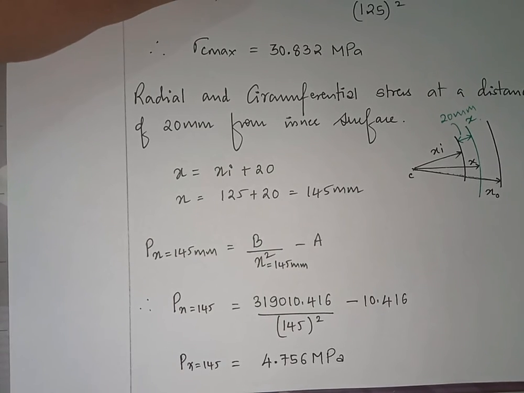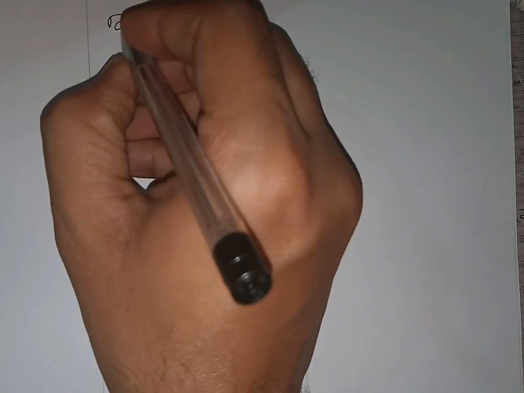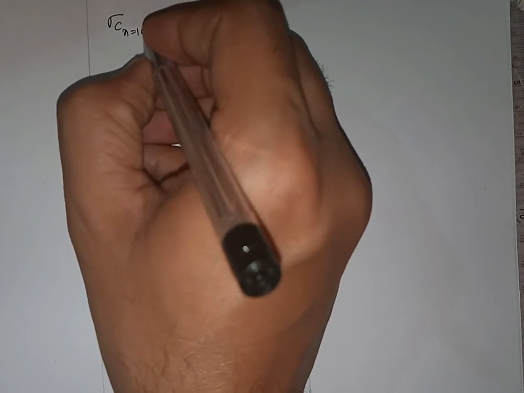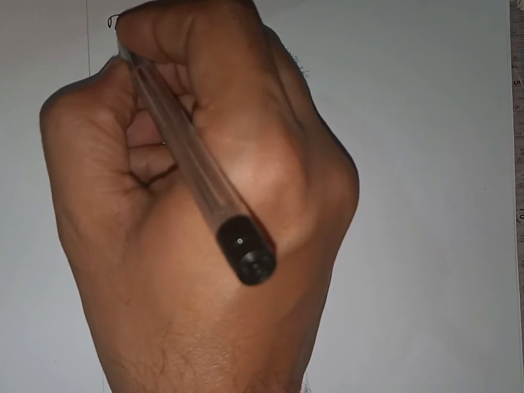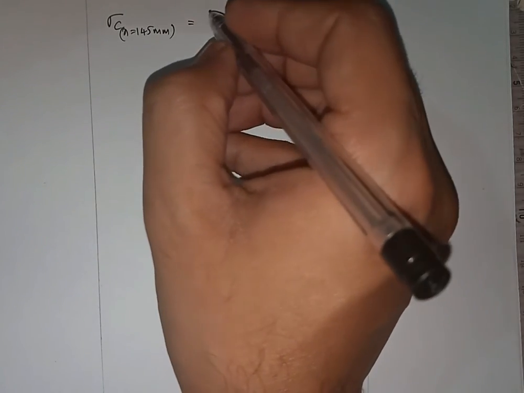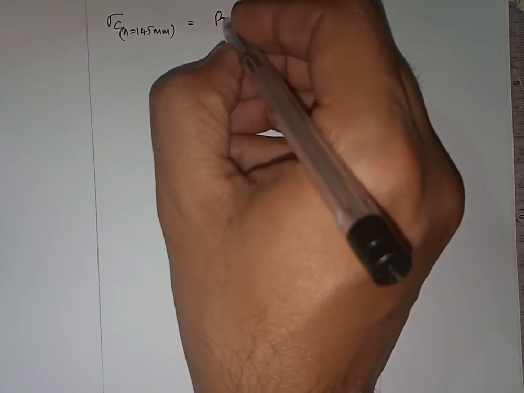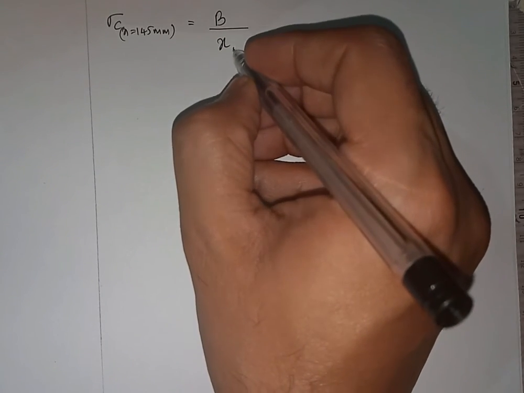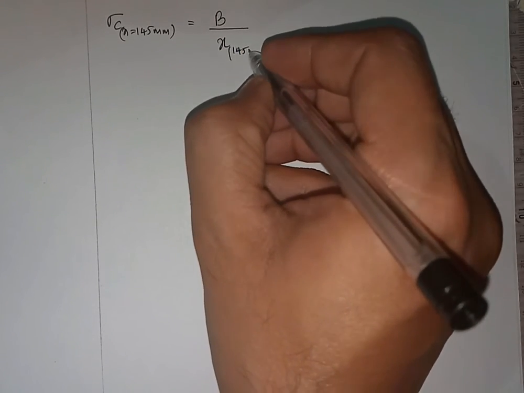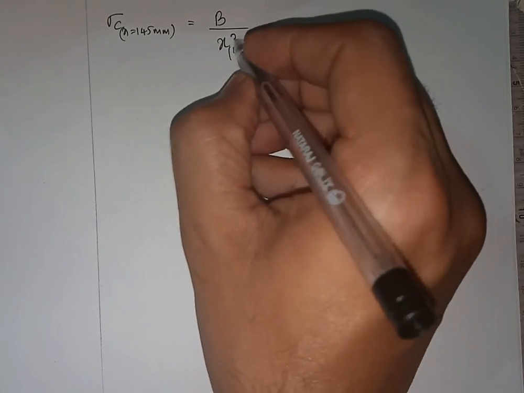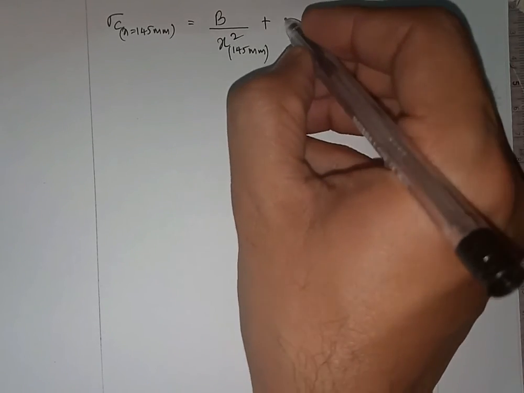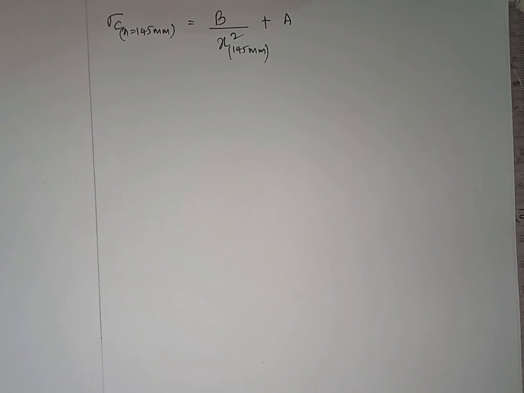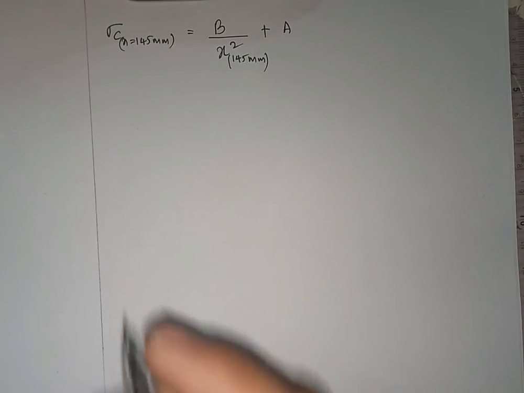The last part which is left out is calculation of hoop stress at x equal to 145 mm. So at last I need to calculate sigma c at x equal to 145 mm. That is given by B divided by x squared plus A. This is the same Lame's equation we used previously.